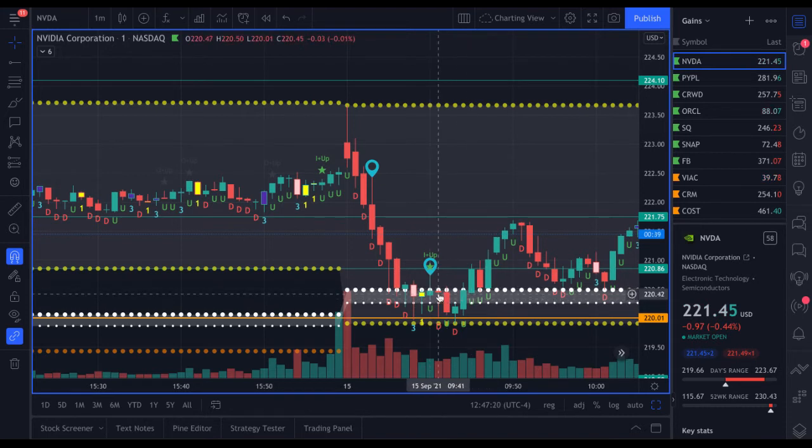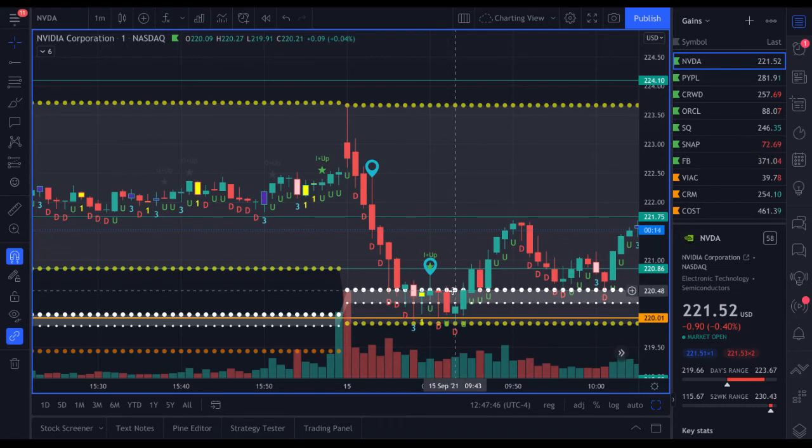If I had a little more confidence in this and wasn't seeing this as kind of a bounce off support, I might have held through this because it's shooter-like, and I likely would have gotten out on this 2 up here, which is a stronger reversal than this. As you can see, again, shooter-like, it did go down.